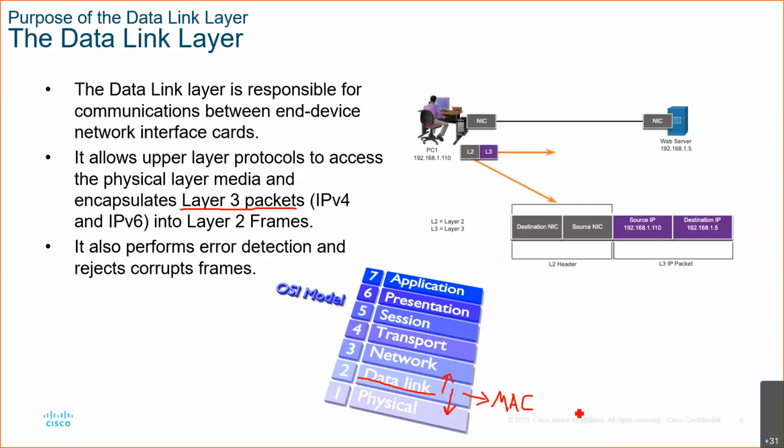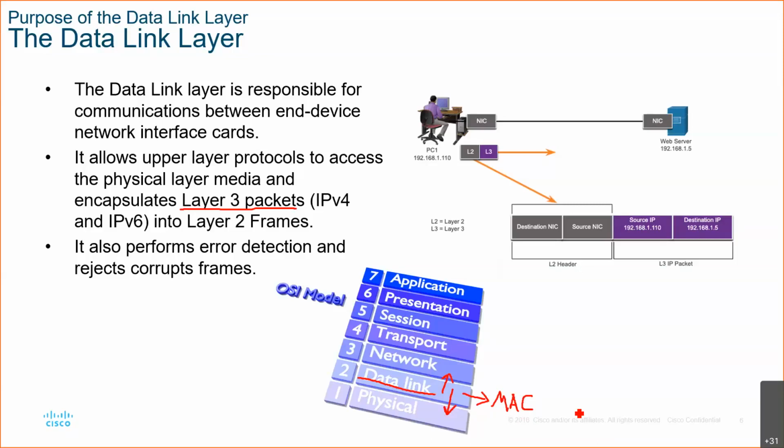It can be even an IoT device, as long as you have got a NIC, a network interface card, you have got a MAC address. So the data link layer and protocols on the data link layer take care of that.